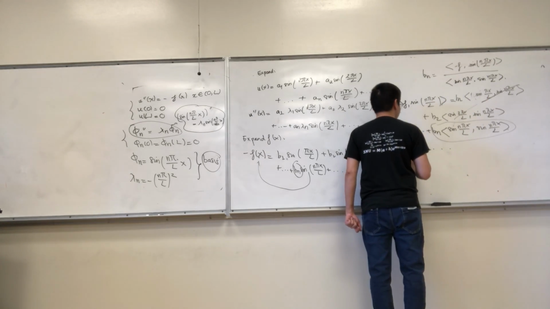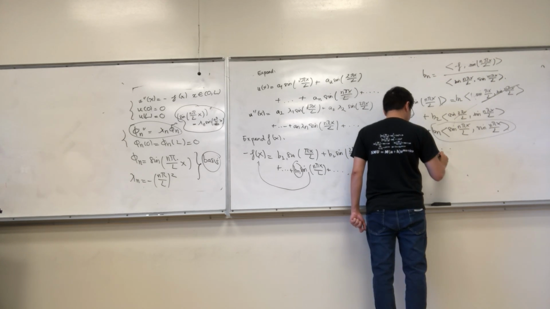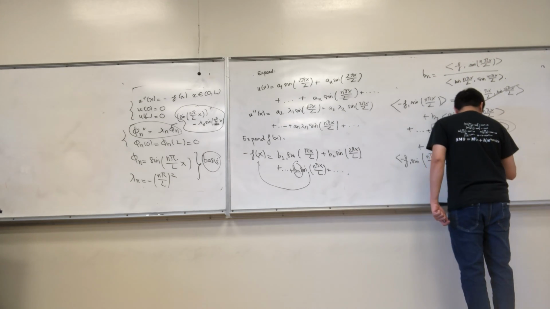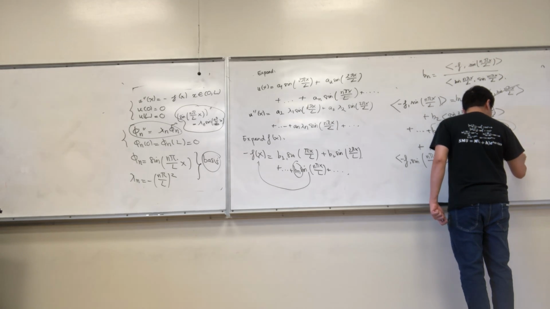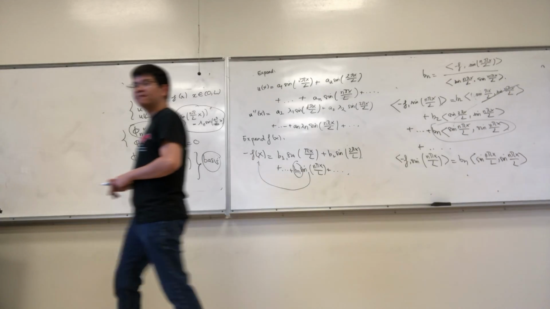So the inner product of minus f with sin(nπx/L) will be bn times the inner product of sin(nπx/L) with sin(nπx/L). You divide and you find bn. Is it clear?